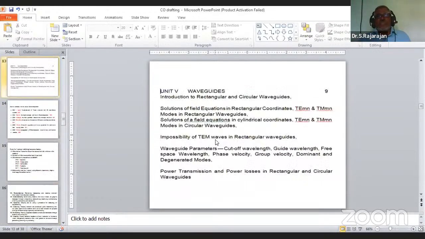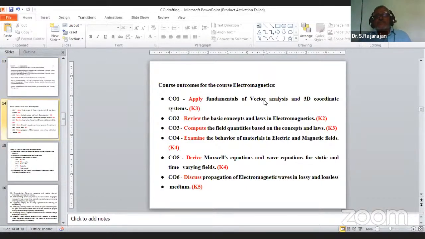If you go like this, apply the fundamentals of vector analysis and 3D coordinate system, the level given is K3. I have taken this example from NIT. The first unit is taught by the staff members of NIT at K3 level. K3 is applied.